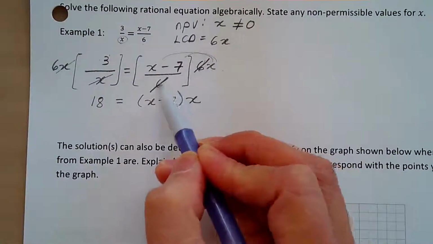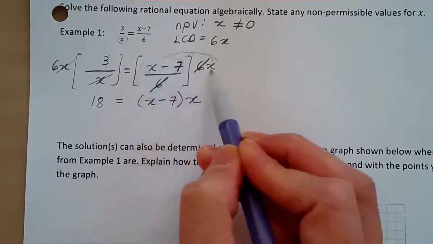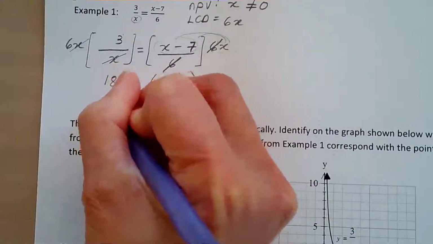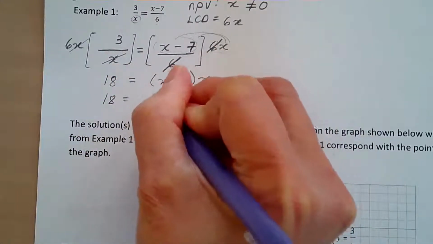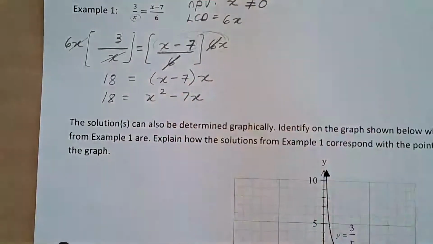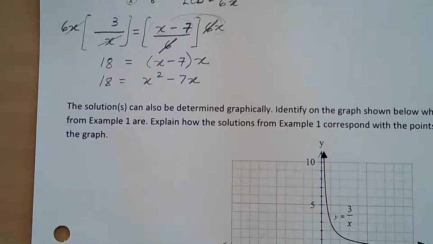So this cancels, so you're left with x minus 7 and then the x. Multiply it in. So 18 equals x squared minus 7x. Now we're going to end up with a quadratic equation. Notice that? It's a quadratic equation.